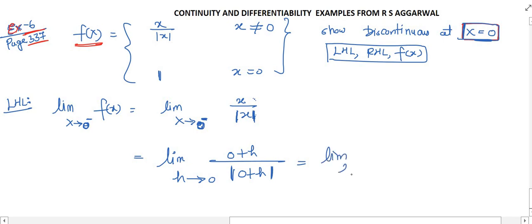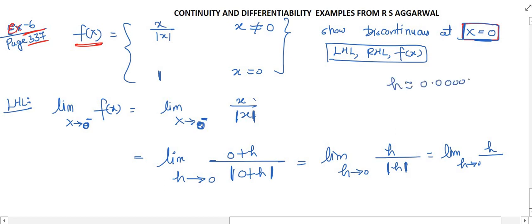Limit, this will be h is tending to 0, numerator is h by, what is 0 plus h? Is mod h only, correct? Now we need to remove the mod. So it is h. Mod of h, what will be mod of h? It will be h only, because what is h? H is approximately a very tiny number. It is some tiny number which has not a fixed value.